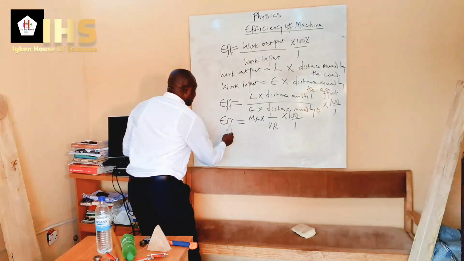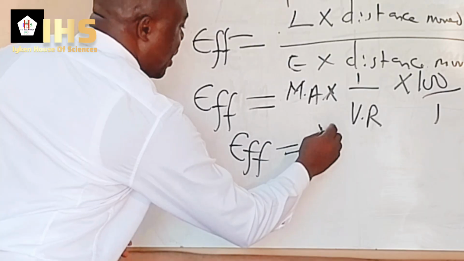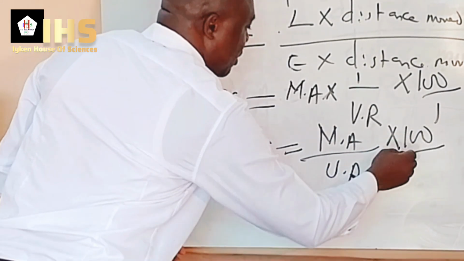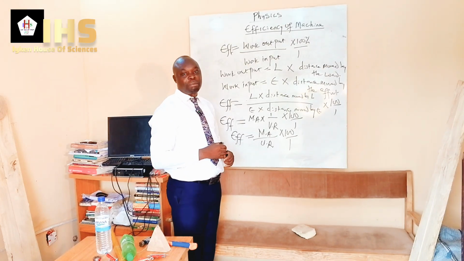So we can see that the efficiency of a machine is equal to MA over VR times 100 over 1. That's what we call the efficiency of a machine.